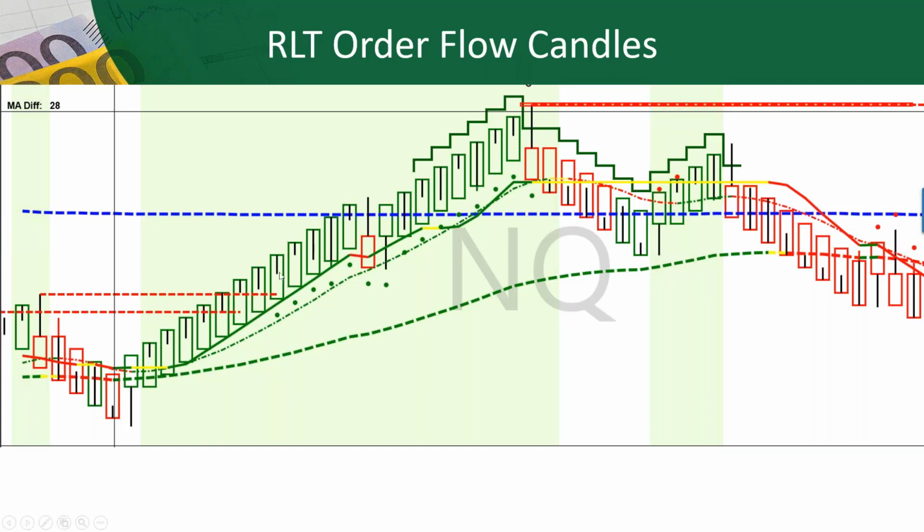If the outline of the candle is green, it means the delta of the candle is positive. So in other words, to keep it simple, if the outline of the candle is green, it means there are more buyers than sellers in that candle. Here, the sellers came in and pushed it down, then the buyers came in and pushed it up.